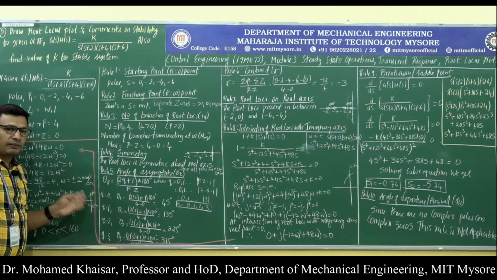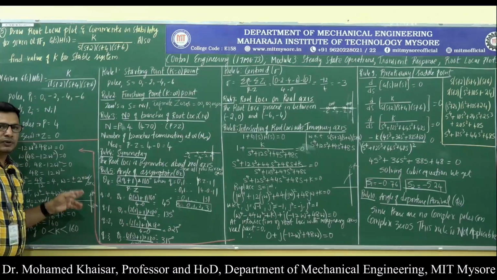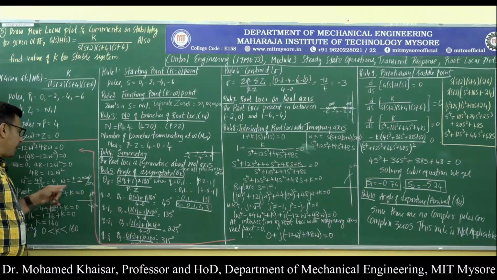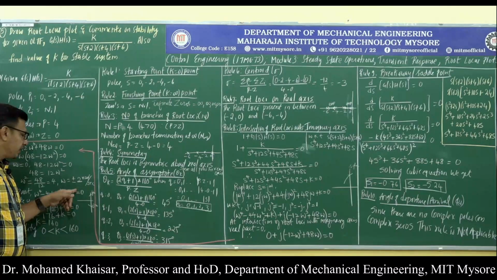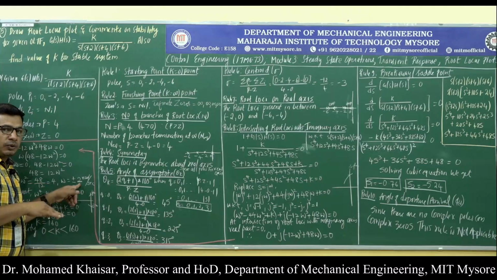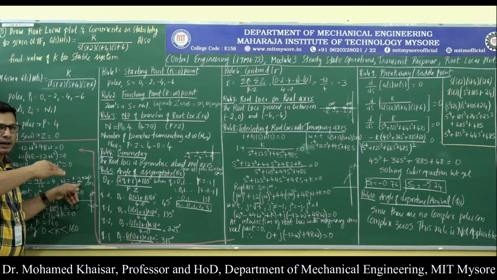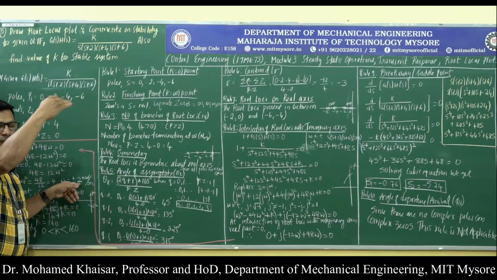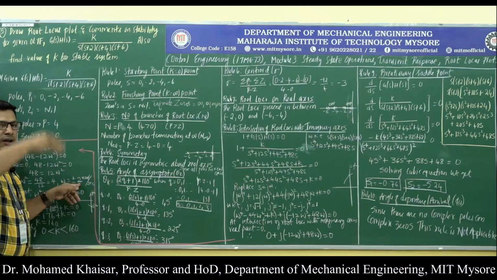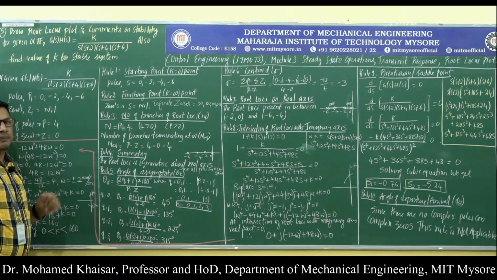So where do the branches of root loci intersect the imaginary axis? We have calculated. One branch will intersect at omega equal to 2 radians. So along the positive imaginary axis, when we mark j1, j2, j3, what are those 1, 2, 3? They are the omega values.